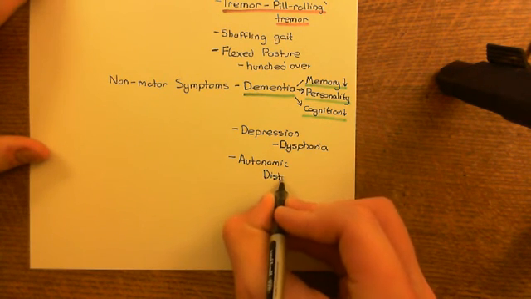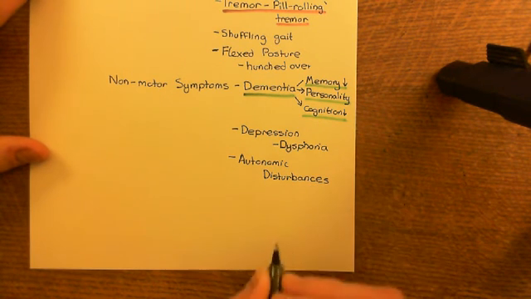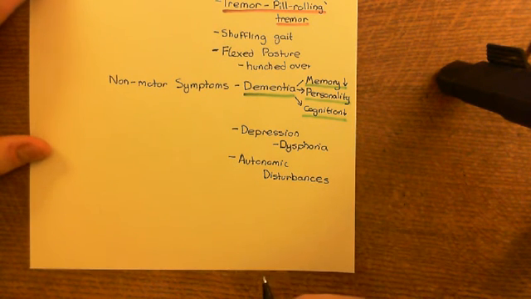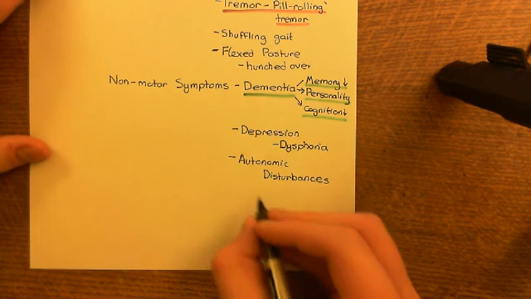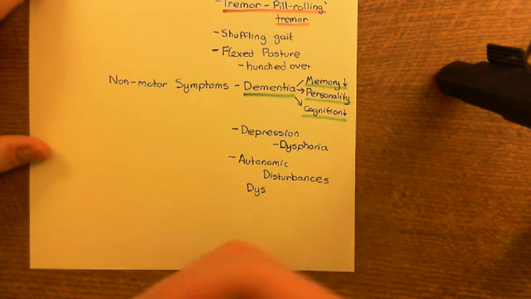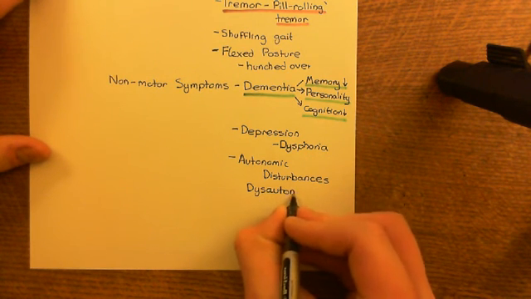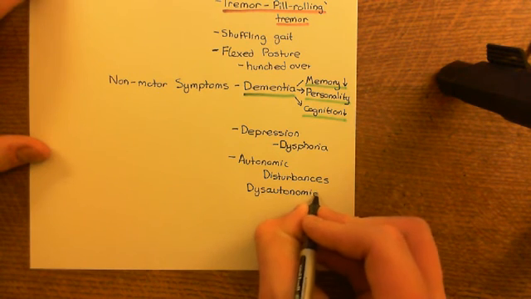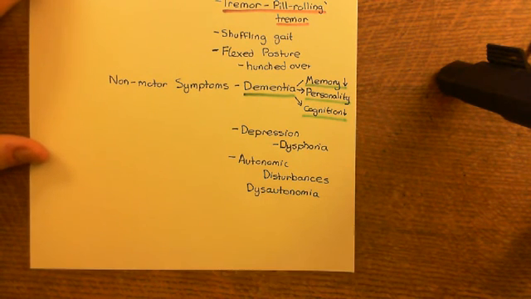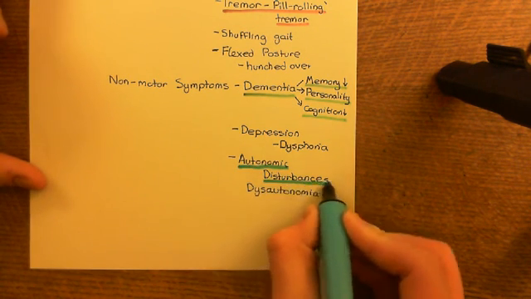Now there is a fancy word that means autonomic disturbances, and this is dysautonomia. Whenever you see dys in front of something, it means something's gone wrong, and then we've got autonomia. So dysautonomia means that the autonomic nervous system is having problems. Now what sort of things can this actually cause?